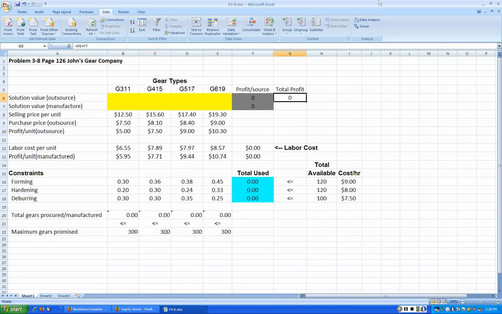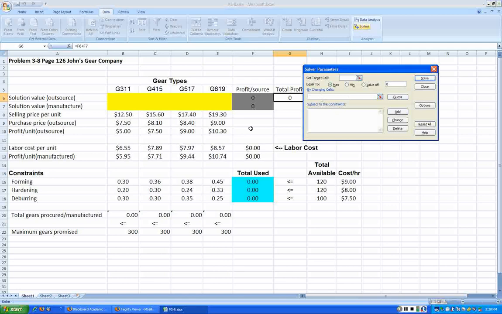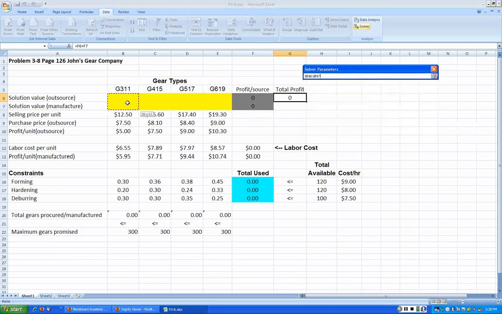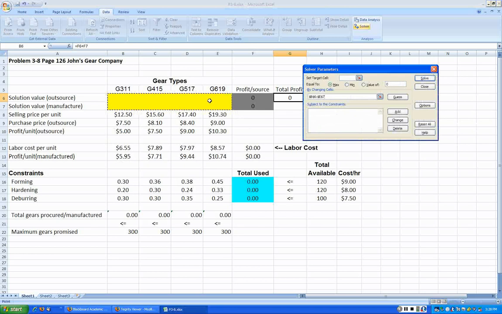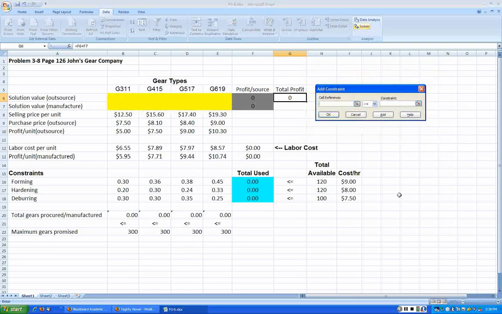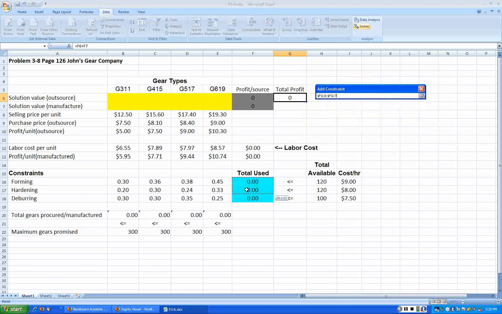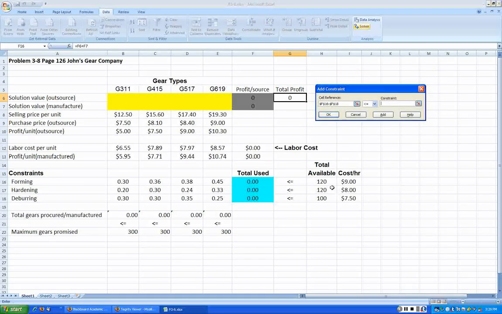Let's set up the solver, maximize the total profit subject to the decision variable, which in this case is this entire block. Add the constraints. The total hours used should be less than or equal to the hours available.